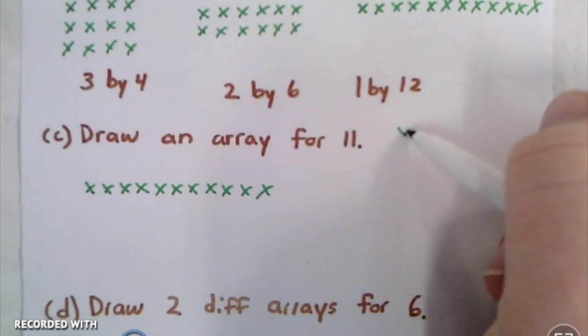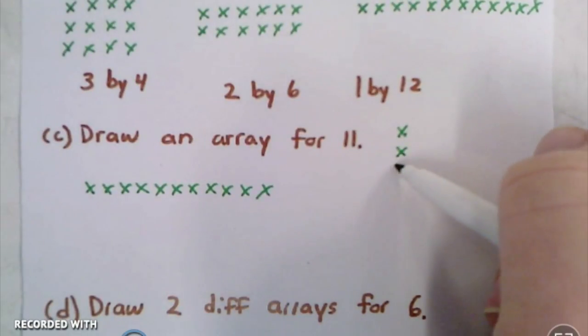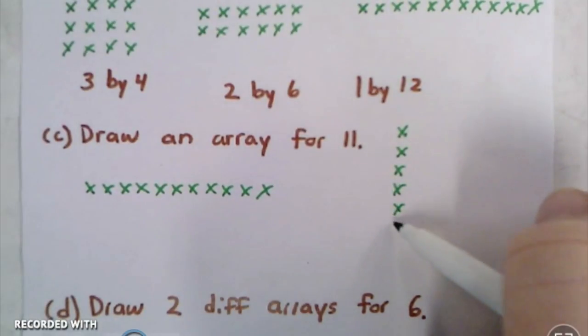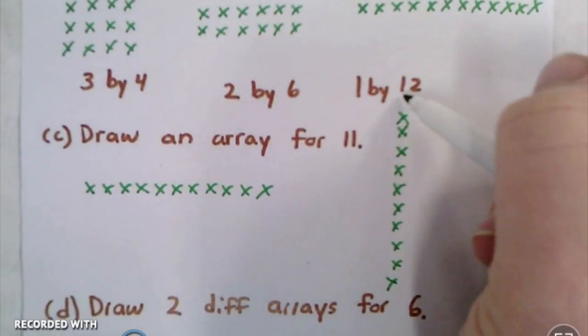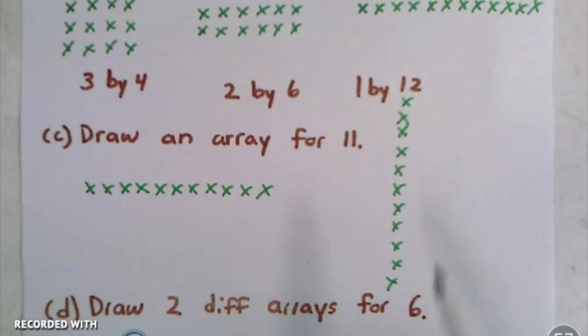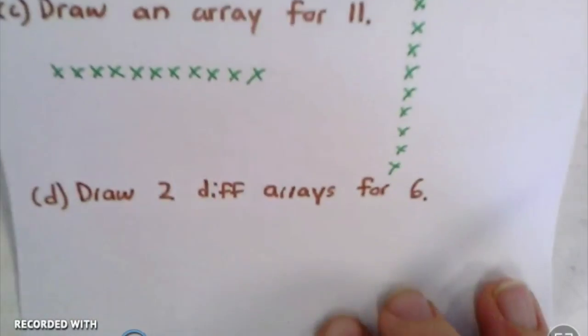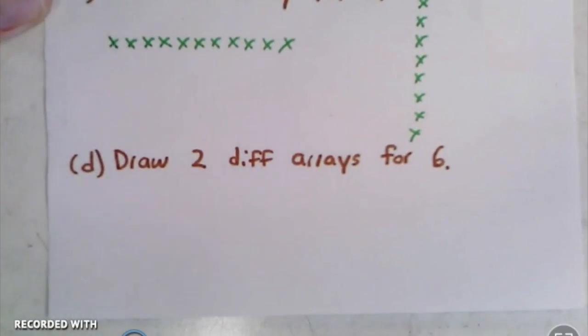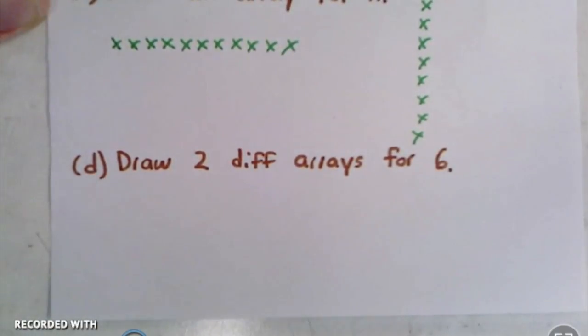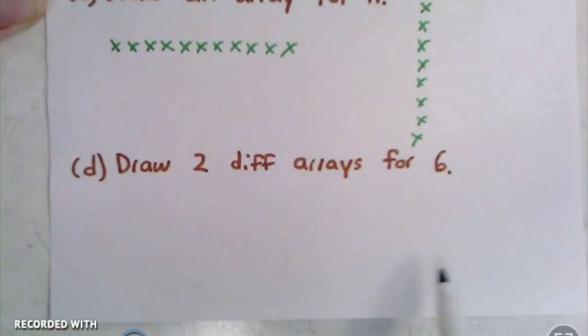Or I could do 11 by 1. Both of those arrays make a straight line, and there's no other type of array I could draw for that number. All right, here's one I want you to try on your own. It says draw 2 different arrays for 6. Come up with 2 different ones and draw them down here for the number 6.